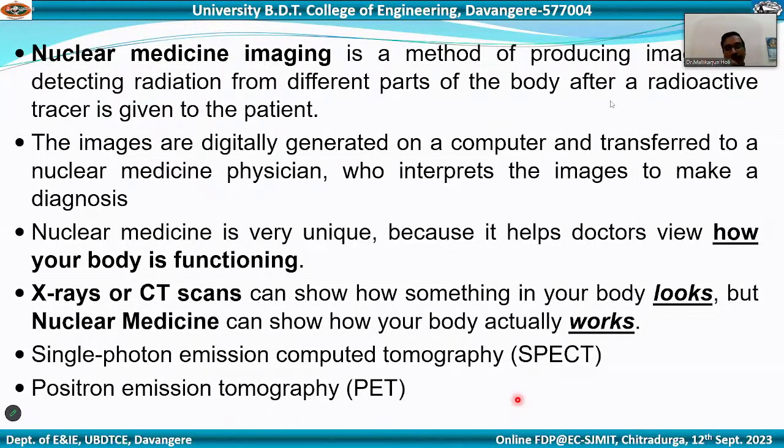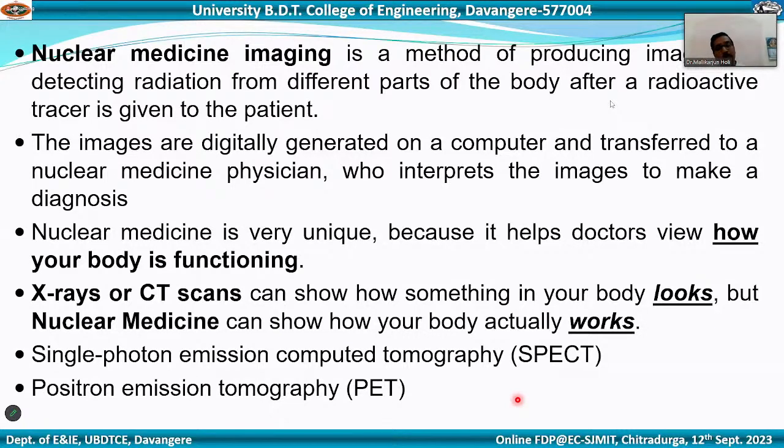We capture the radiation coming from the radioactive element in the tissues, gather that information and process it. That processed information appears in the form of an image. That itself is called the nuclear medicine image. Okay, so how is this particular imaging modality different?